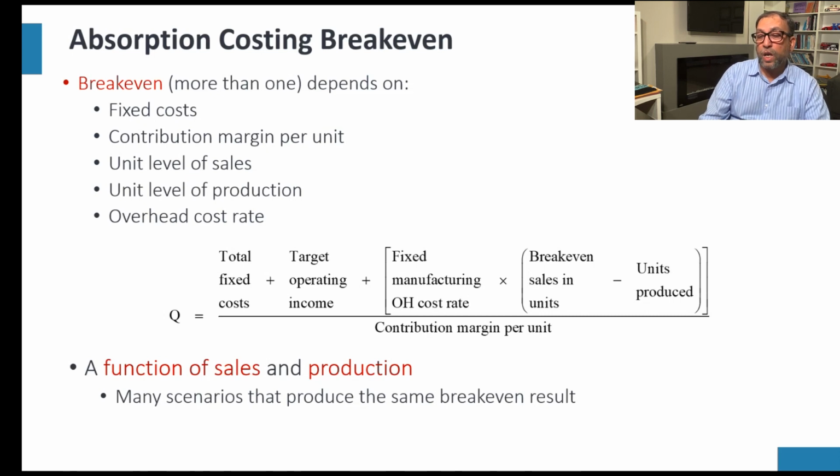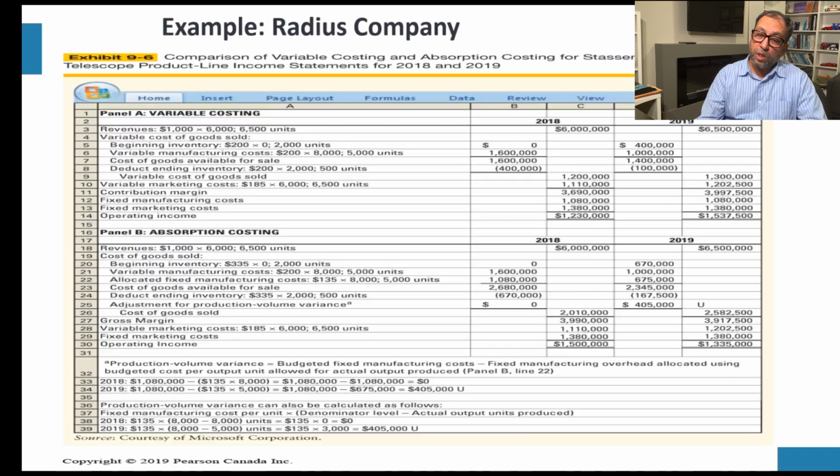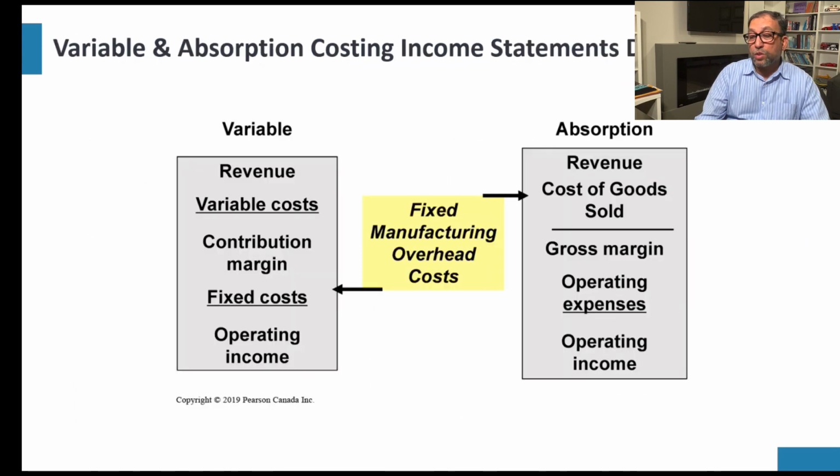So we can use these measures, a function of sales and production both, in order to avoid overproduction. This is the main idea of this chapter, which is regarding absorption costing and variable costing.